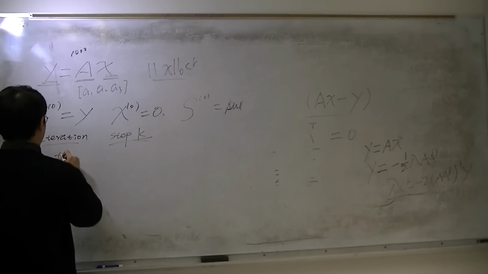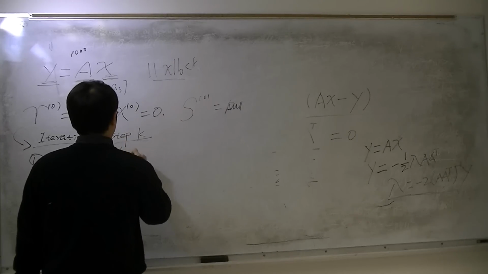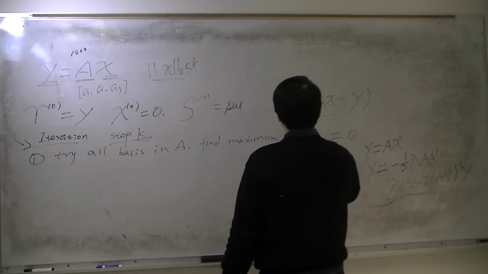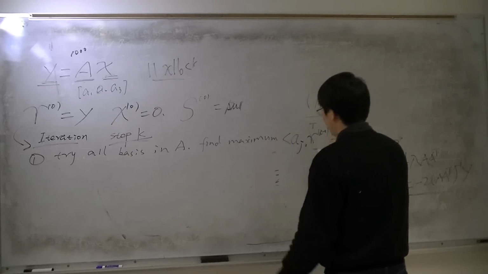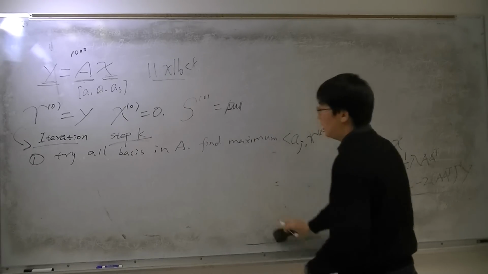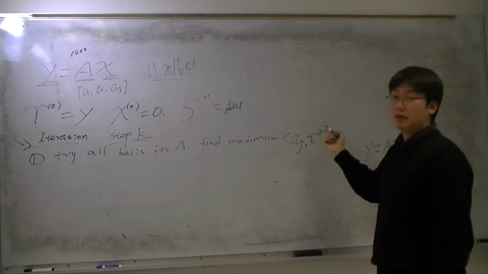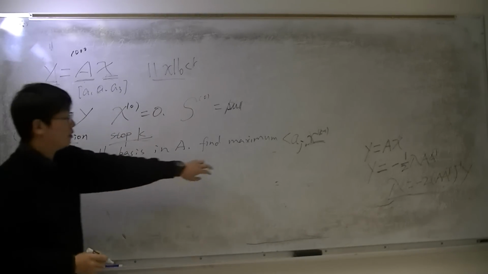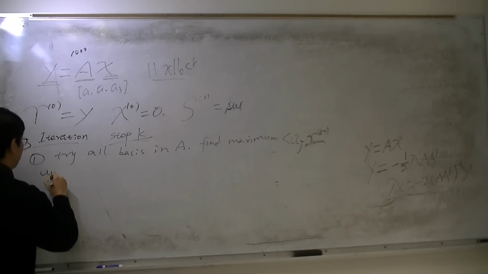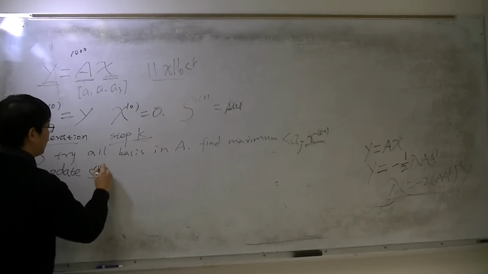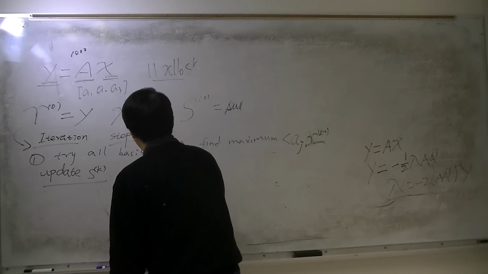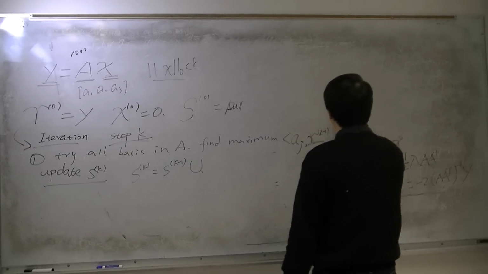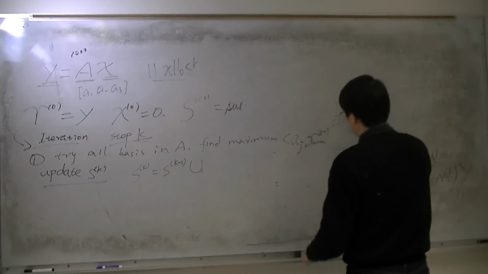We try all the bases and find the maximum over j of the inner product with the residue R. When we find e_j, we put it into the support, so we update the support S_k. If we find the maximum is 0, select it.